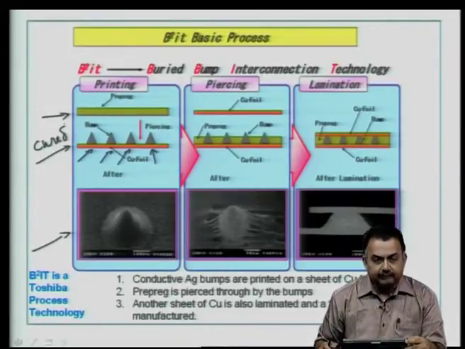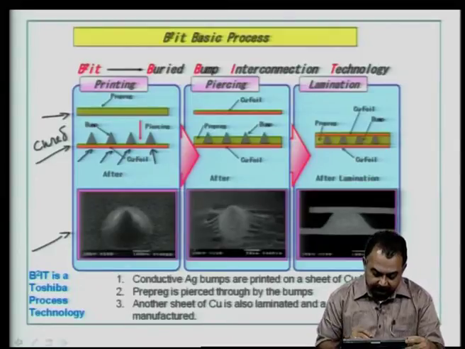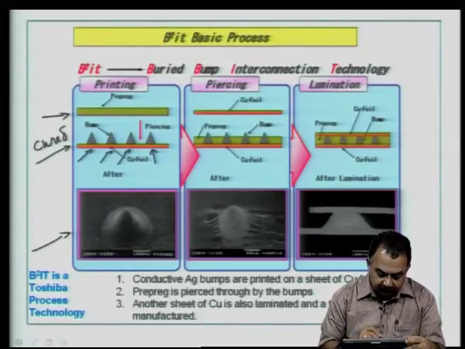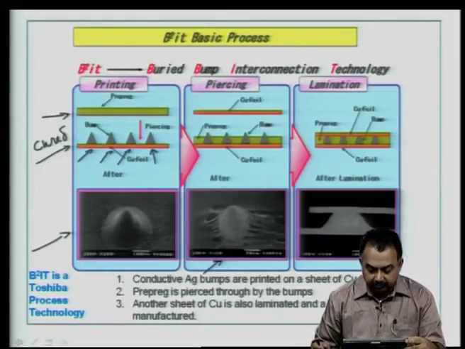Now, the pre-preg is now pierced through the bumps. So, in the next picture you will see here, this is a scanning electron micrograph, and again what you see here is a picture after the woven pre-preg material has been pierced through the bump.